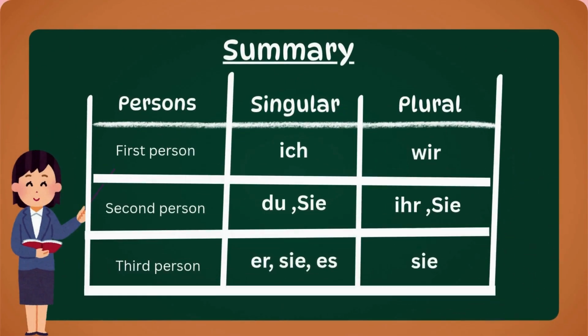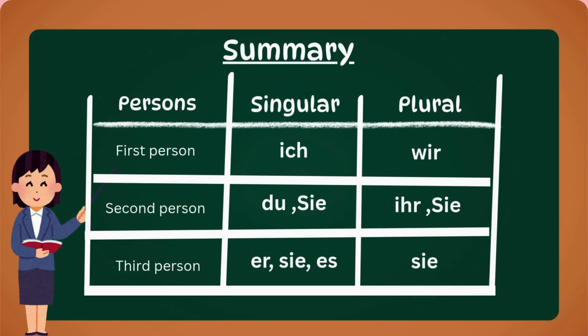Before we finish, let's take one last look at all the German personal pronouns we have learned today in a simple table. We have 3 types of pronouns on the basis of person: first person, second person, and third person. On the basis of number, we have singular and plural. For the first person, ich is the singular pronoun and wir is the plural one.